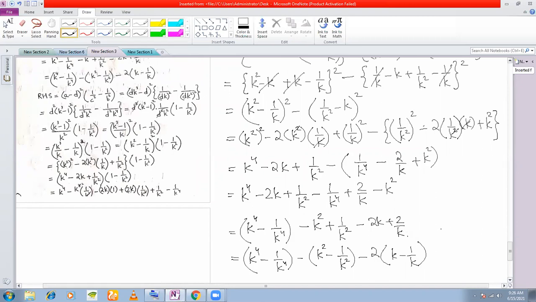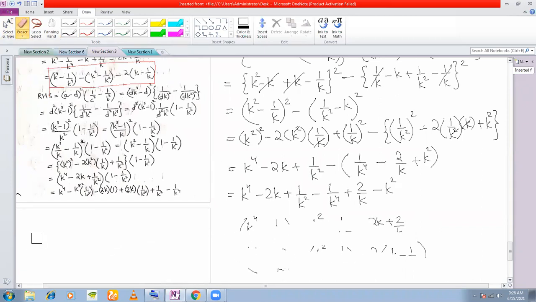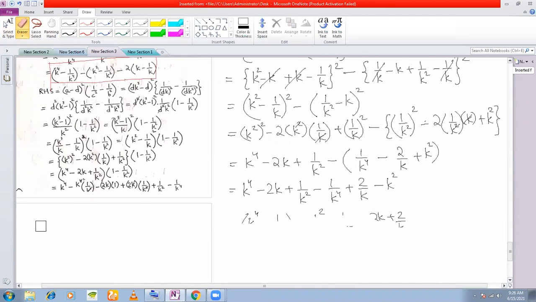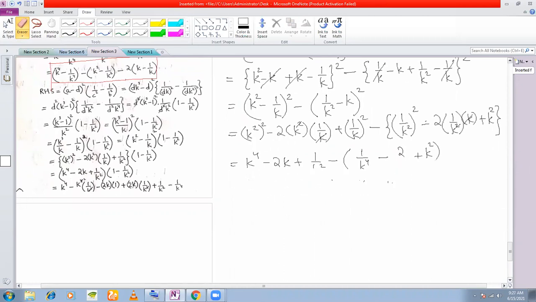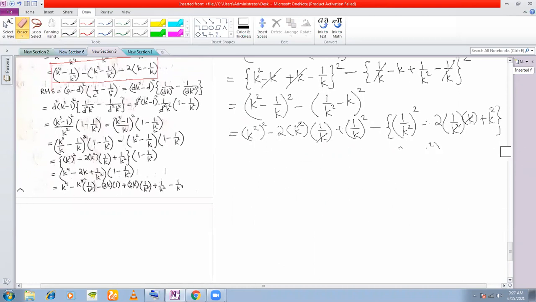Okay. Now remember this because we are going to show that the right hand side is also equal to this. It's written here also. Let me just mark it. Now you work with the right hand side.